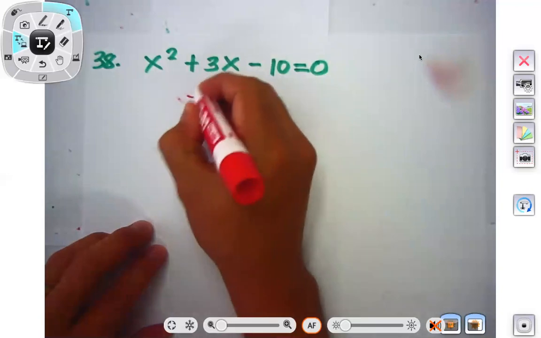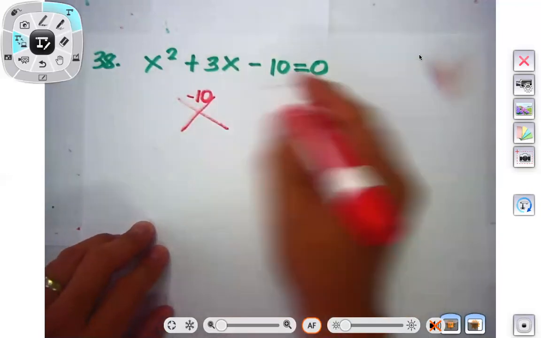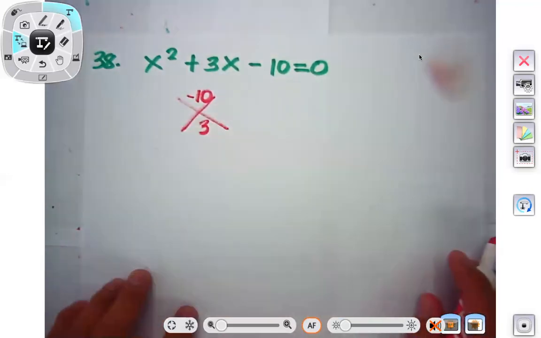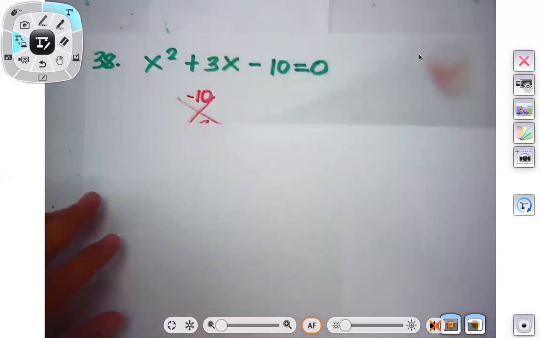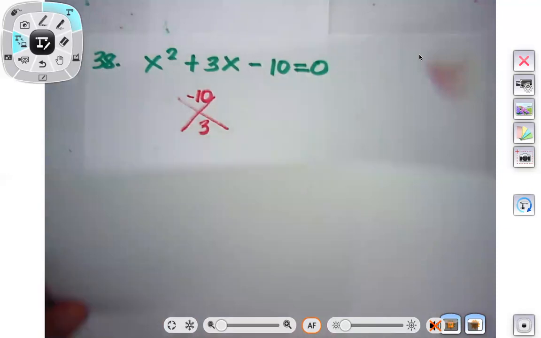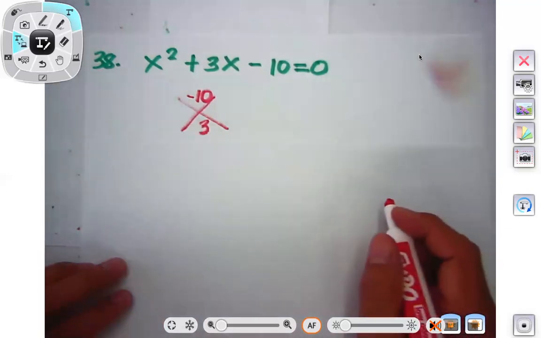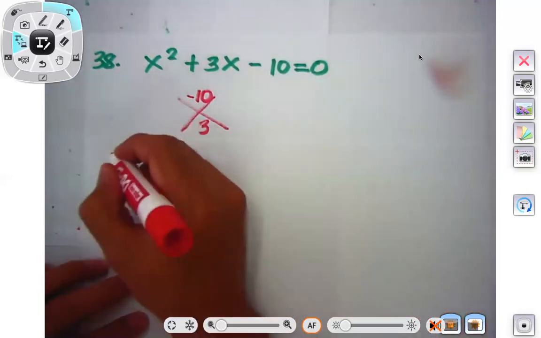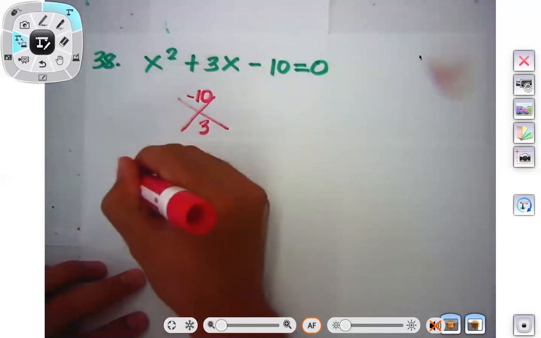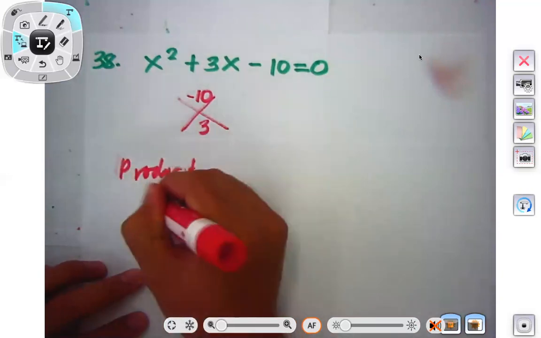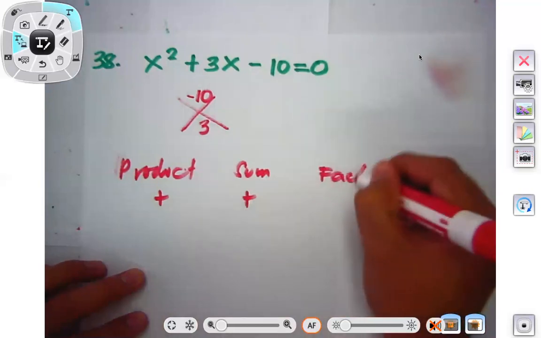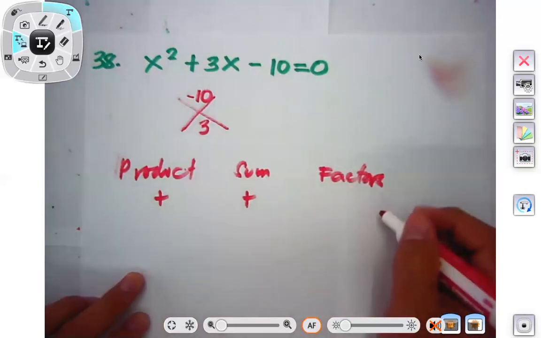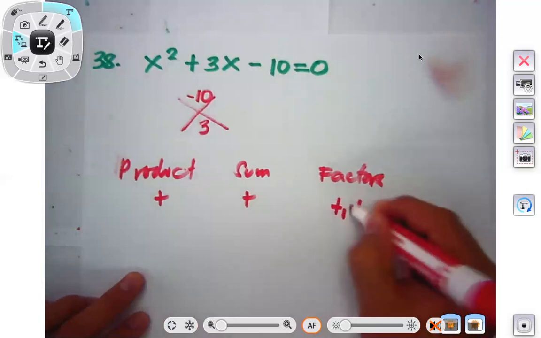So that's negative 10 and positive 3. Let's take note of those cases so that we know what signs we put in our factors. When your product is positive and your sum is positive, what are the signs of your factors? Both positive.